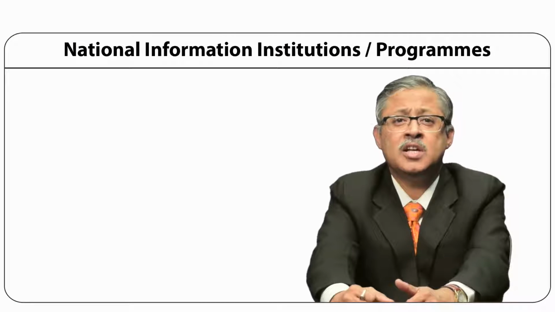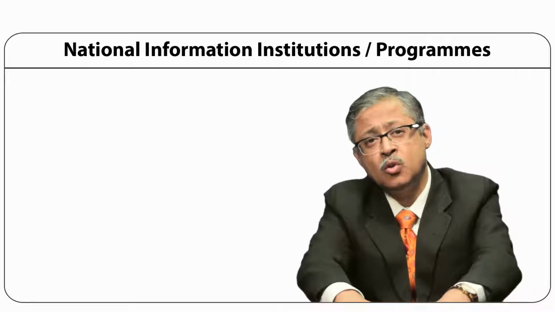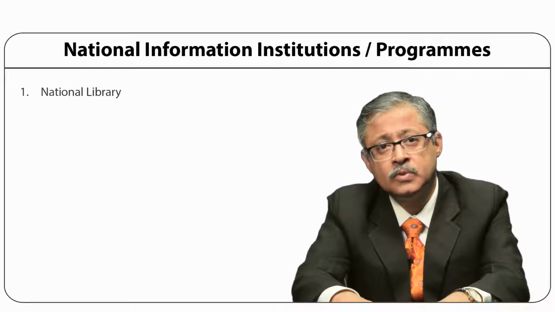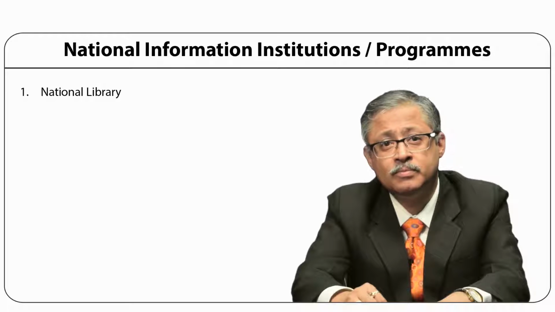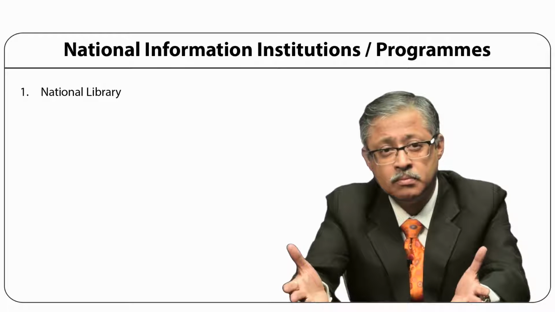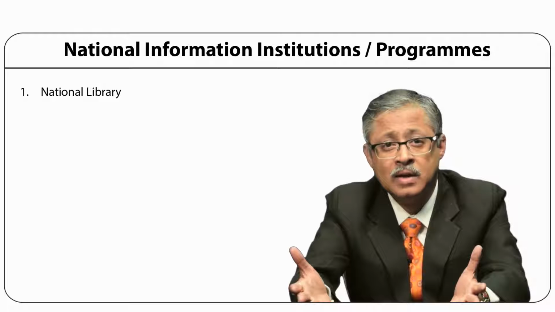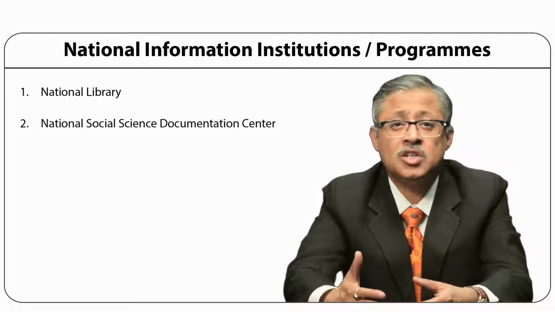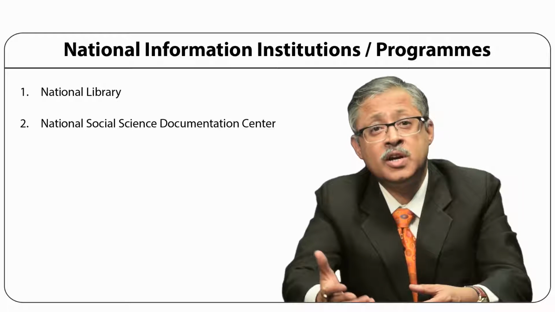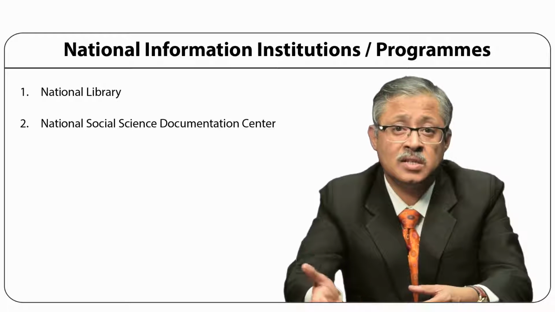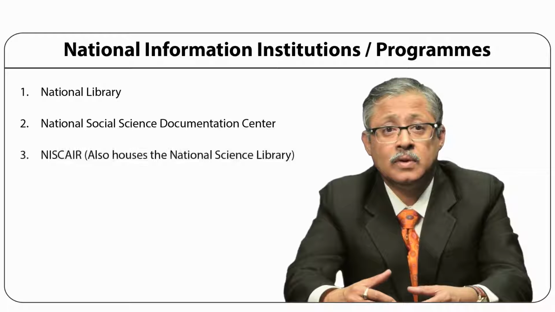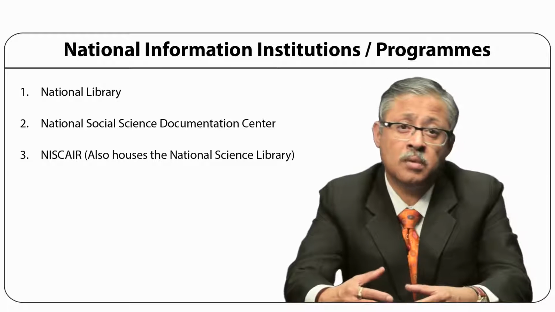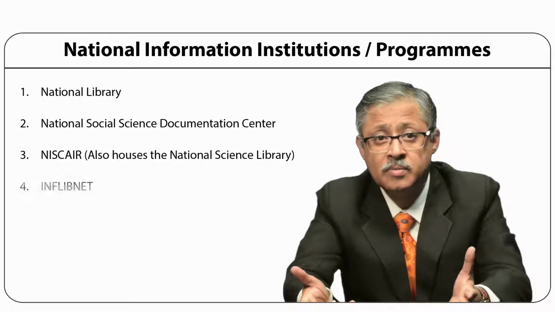National information institutions and programs, if you look at, are many. National Library, which is in Calcutta at Belvedere Road. You have the National Social Science Documentation Center, which is under ICSSR. You have NISCAIR, which also houses the National Science Library.